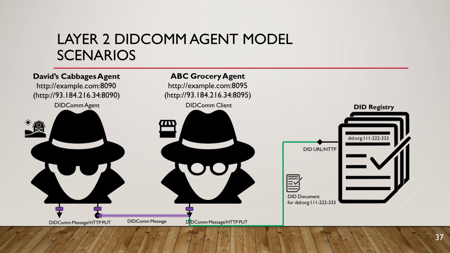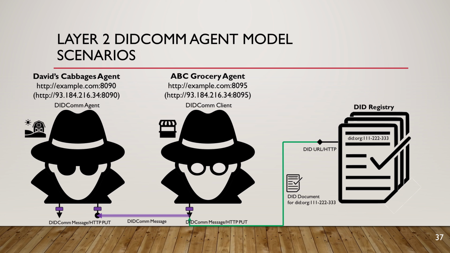So ABC Grocery is trying to send a purchase order for 10 cabbages over to David's Cabbages. So its first step is to do an inquiry or a query or a read against the DID registry, passing in 111-222-333 to get David's Cabbages DID document.